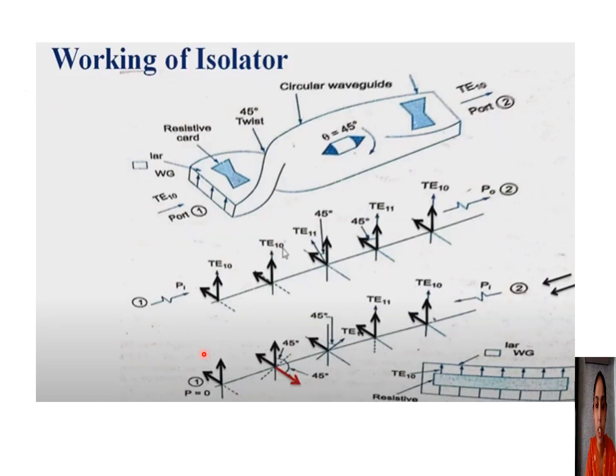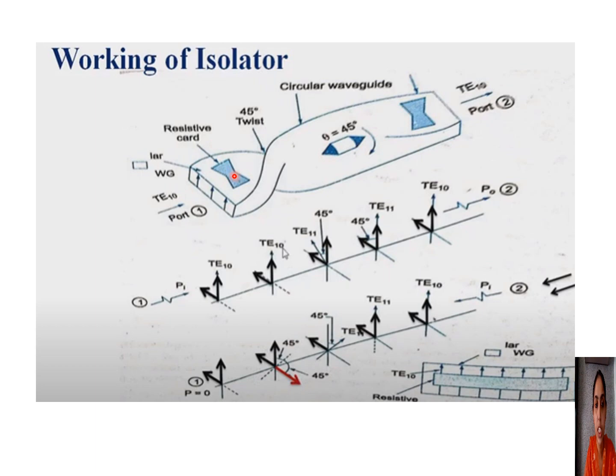In this figure, I will explain how the isolator actually works with the help of Faraday rotation in a ferrite. In the internal working, we are going to use resistive card vanes, so we have to understand the property of this resistive card.